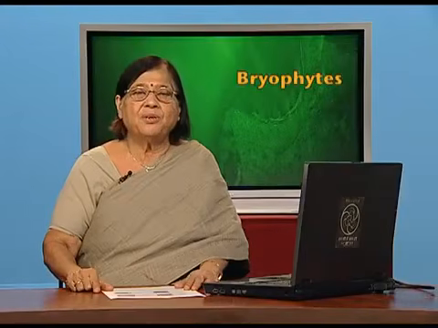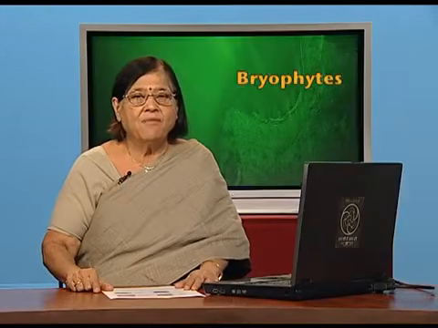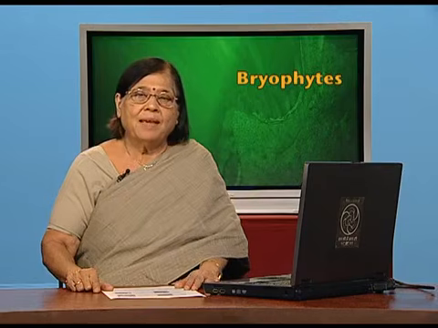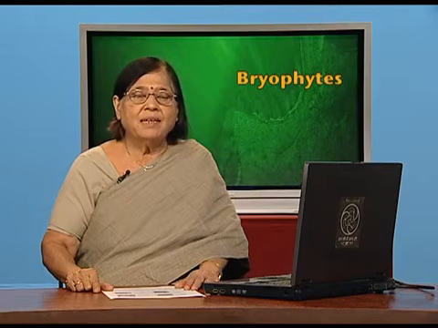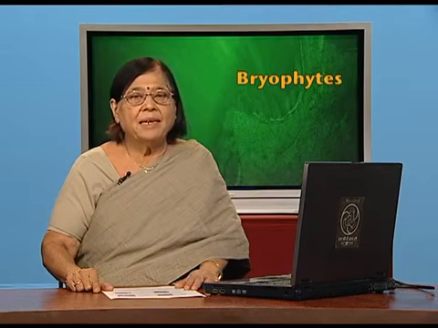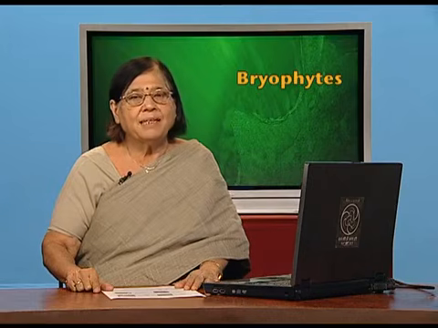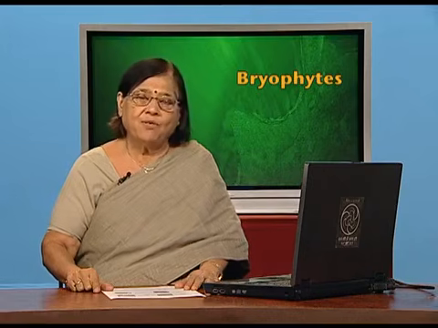Please pay attention to the word haploid, half the number of chromosomes, and that is why we call it gametophyte, and it is going to produce gametes. That is also why we call it gametophyte.